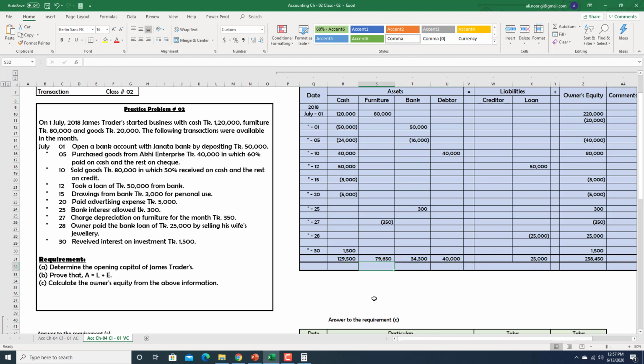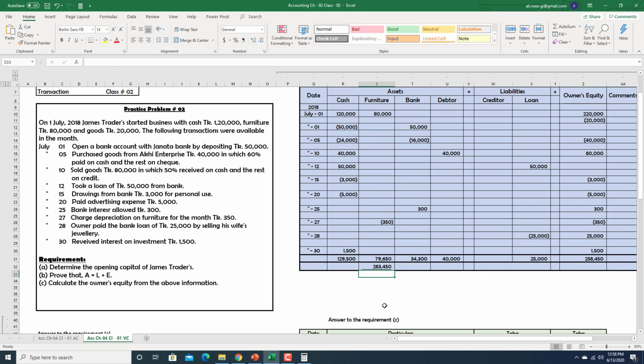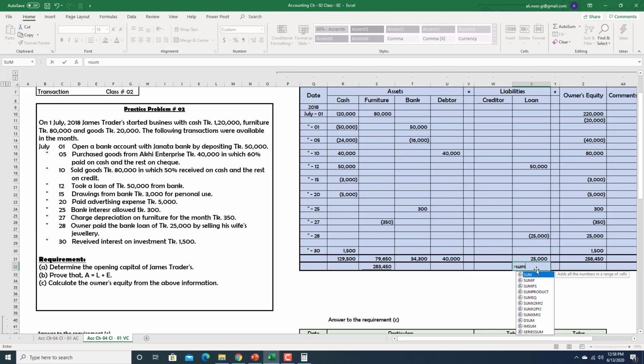So we have to sum all the asset accounts. Here you can see the sum of all accounts is equal to 2,83,450, and here will be the sum of liabilities and owner's equity, and this is 2,83,500.